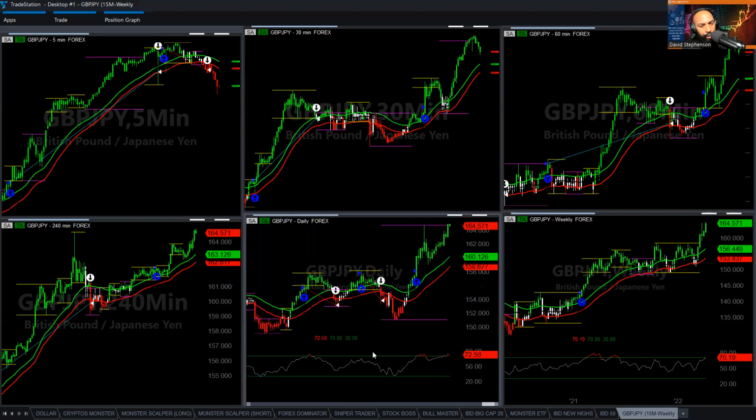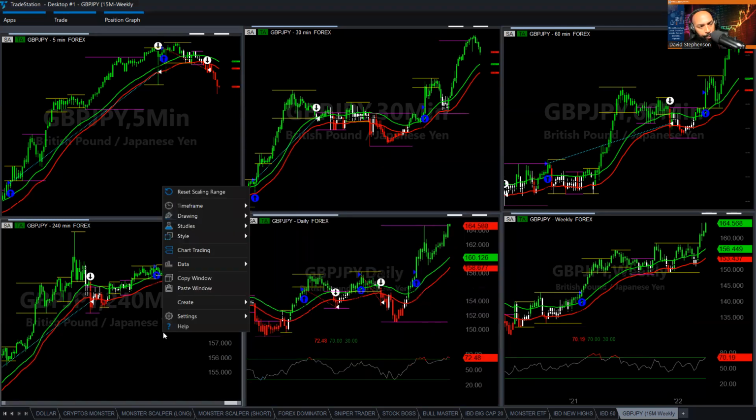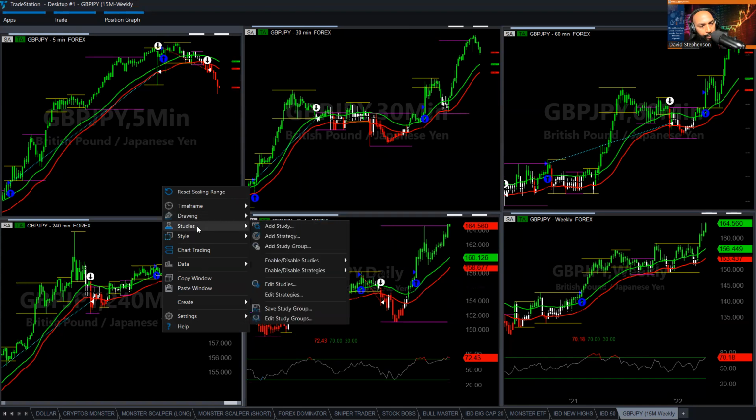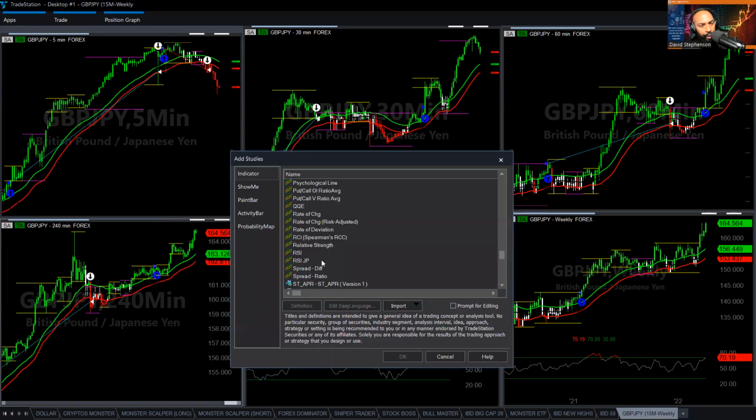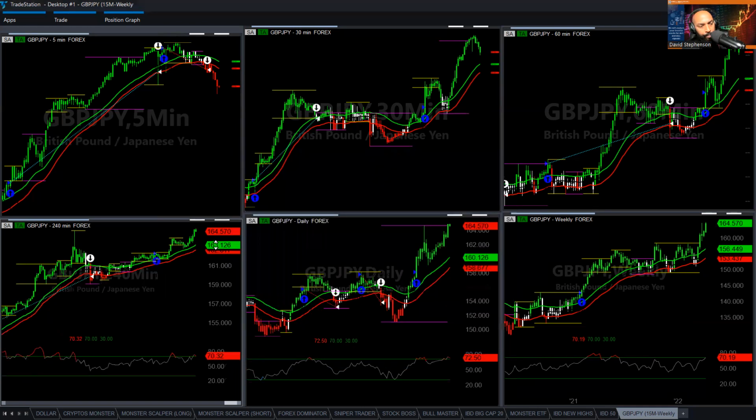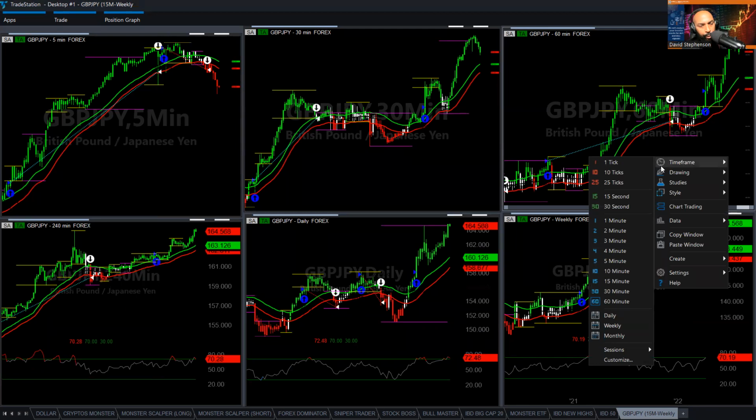There it is on the daily time frame. This works really well when you use it in conjunction with the system. That's the 240.